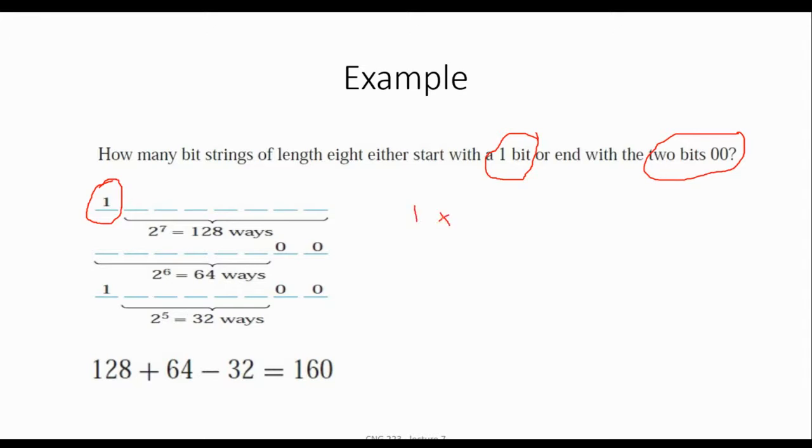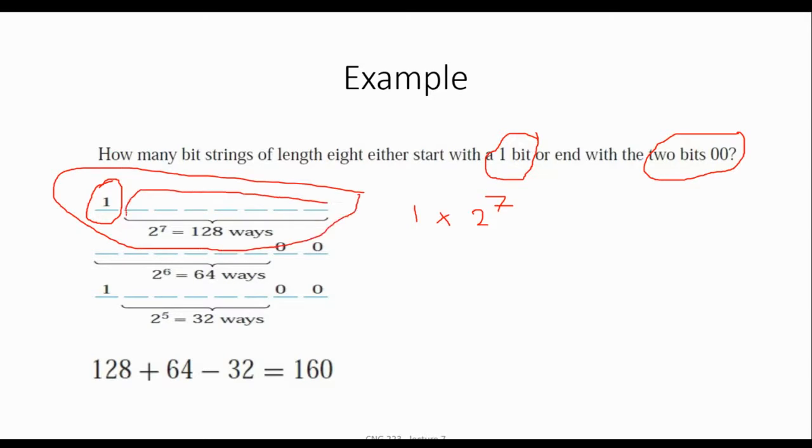You just multiply 1 by 2 power 7, because there are 8 bits altogether, and this part contains 7 bits, and we already know why this is 2 power 7. So already we know the first part: we have 128 ways to do that.